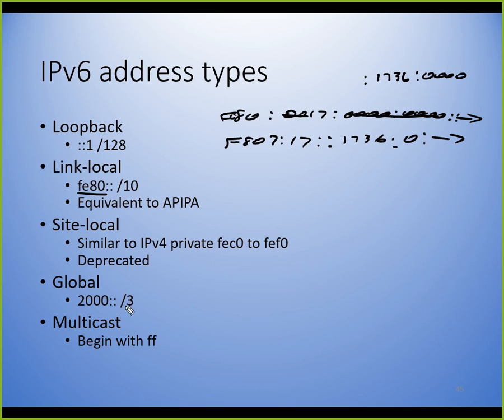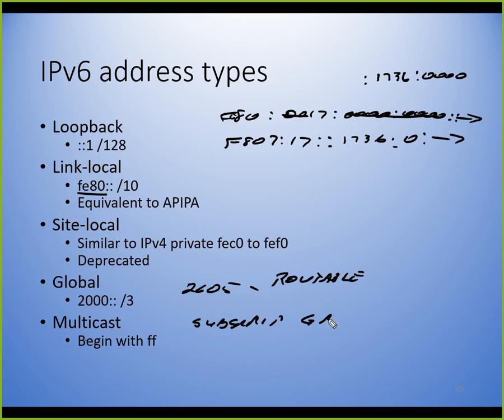Global start with 2000, and mine was a 2605, as I recall. Global are routable on the internet, so that we can use them to get information. Multicast goes to, we'll call it subscription.